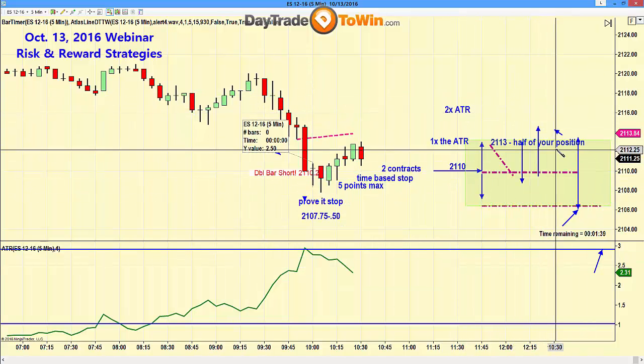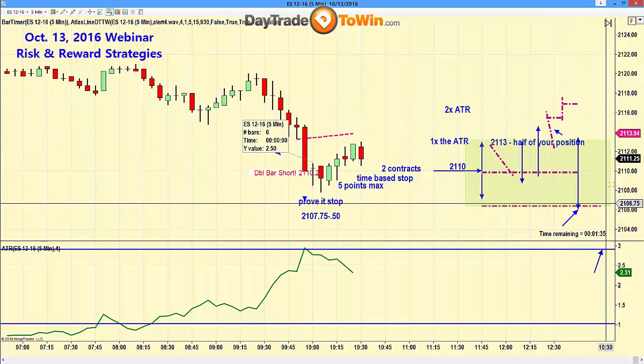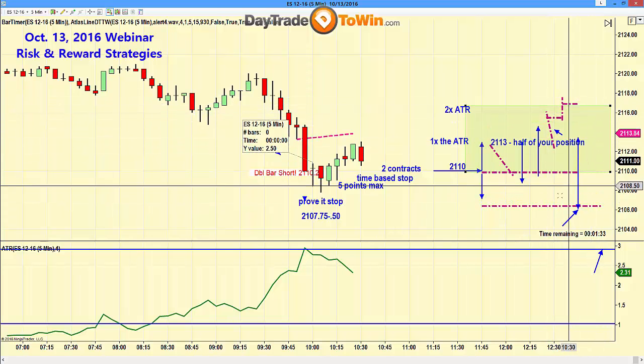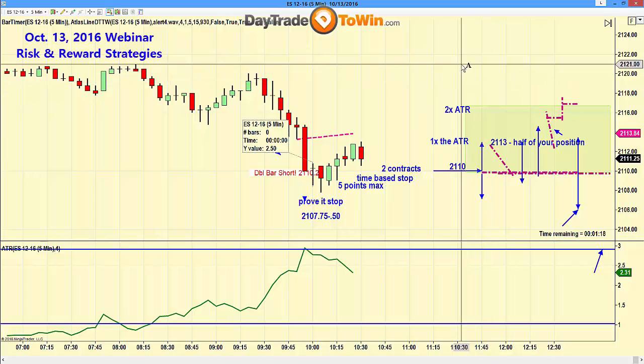So if the market continues higher and just keeps on going, move this now to where you entered. You're still behind the market with enough distance that if it needs to jump around or pull back and retrace before continuing back up, you're still in this trade. If it goes 3 times the ATR, same thing.